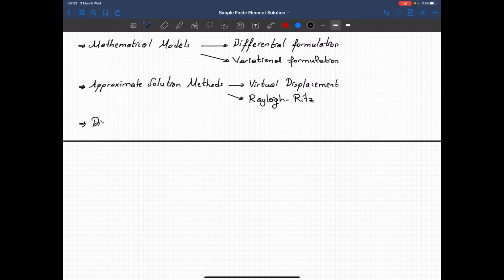So we will discuss the discretization and element formulations for different types of structures.